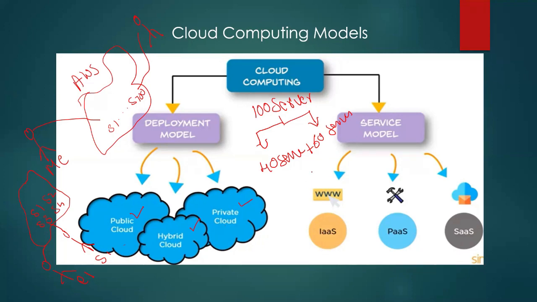Whereas platform as a service is a service of the cloud which will help you get a ready-made platform. Let's say I need a ready-made Java platform so that we can start working on a Java project. I need a .NET platform, or a PHP platform, or a Python platform.